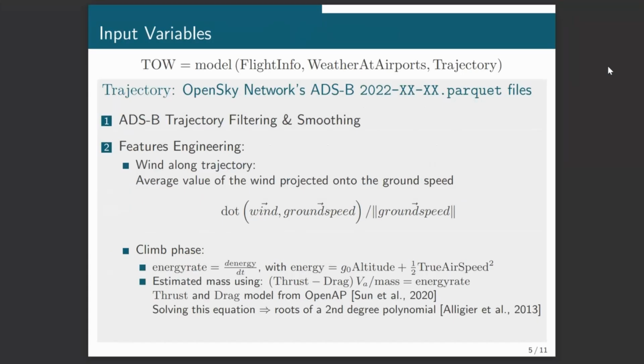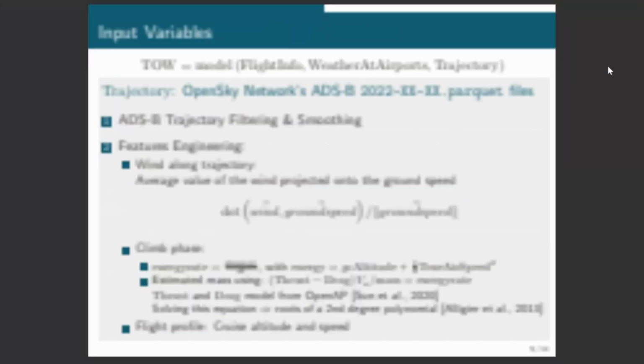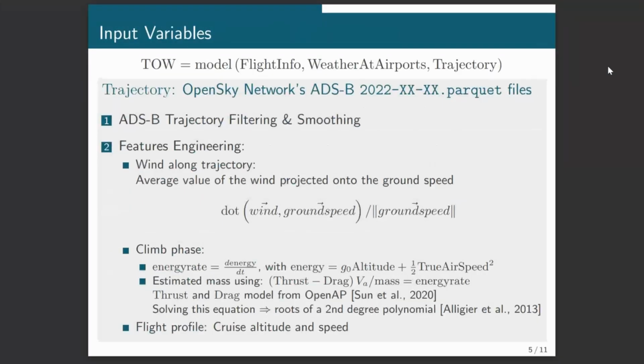You just have to find the roots of a second-degree polynomial. Okay, so we have our special features for the climb phase. And the last thing we wanted to extract is the flight profile. And to do that, we want especially to extract features that are really correlated with the mass, so the cruise altitude and the cruise speed.